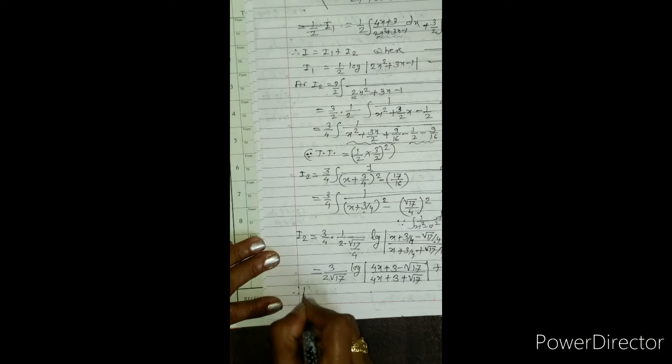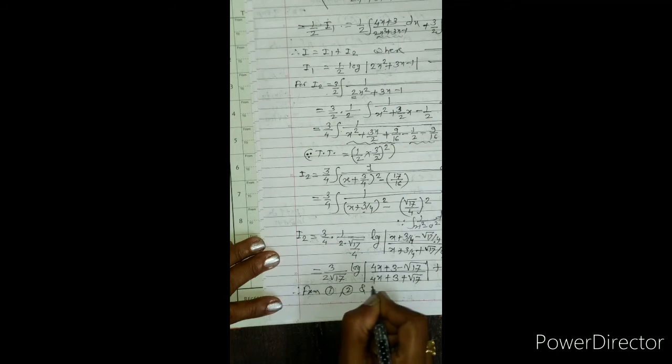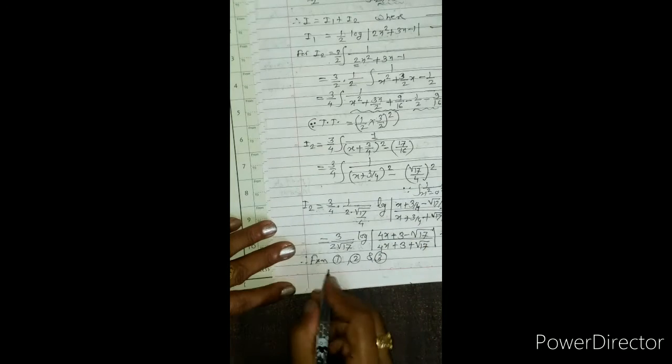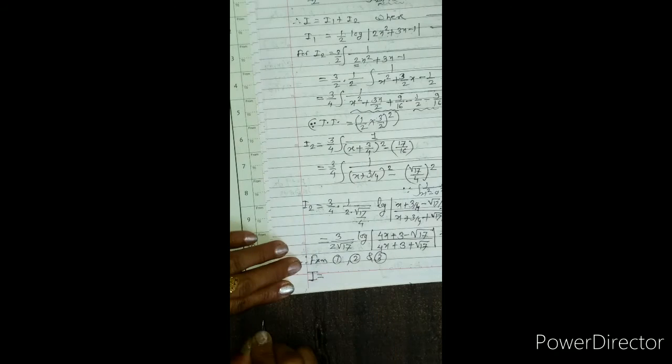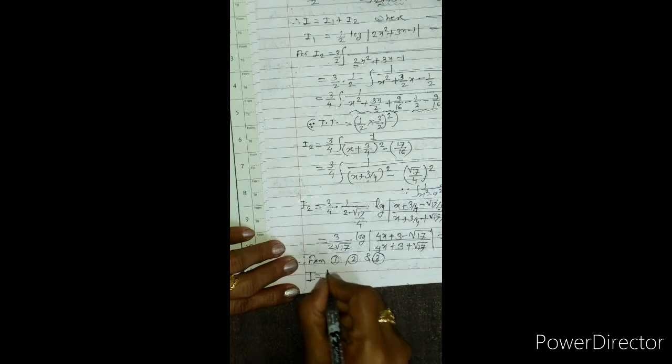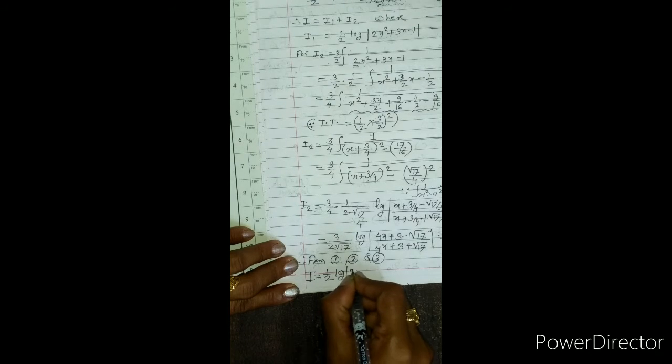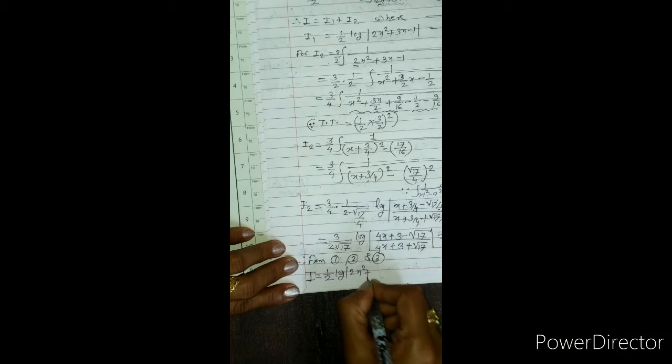So from integrals 1, 2 and 3 we get the value of I is equal to I1 plus I2. I1 is 1 by 2 log of mod of the denominator, 2x square plus 3x minus 1.